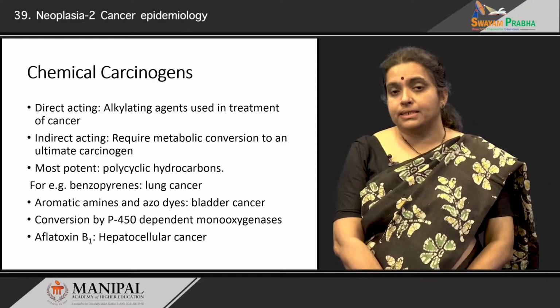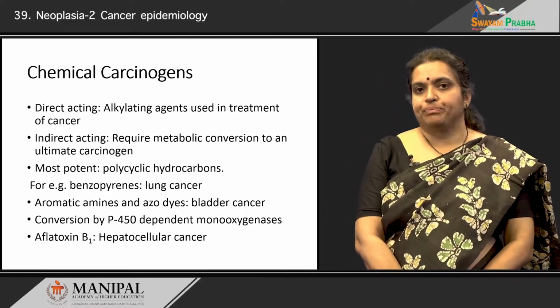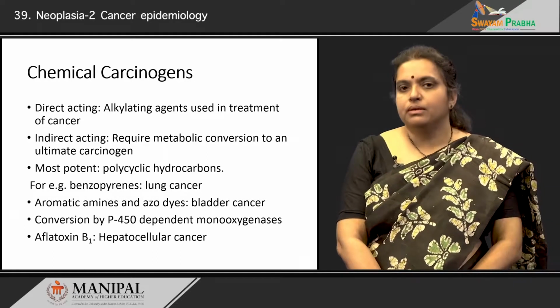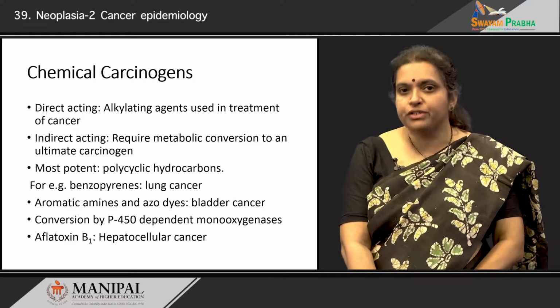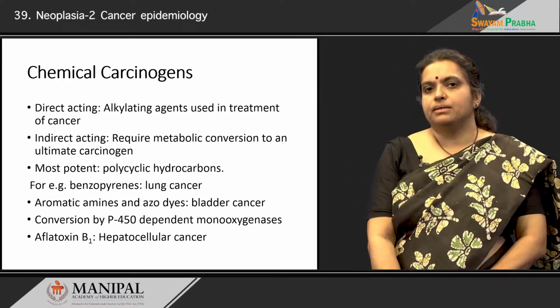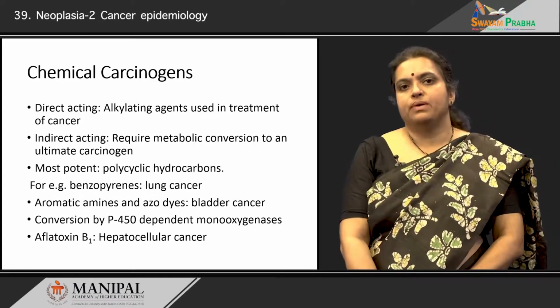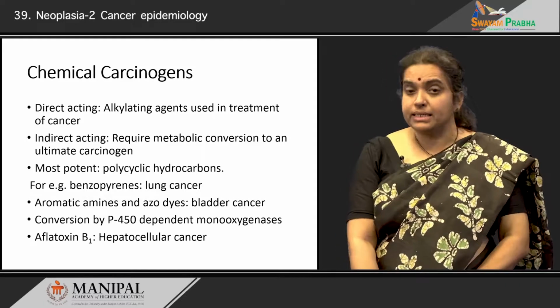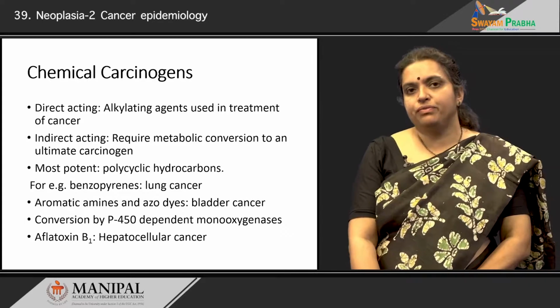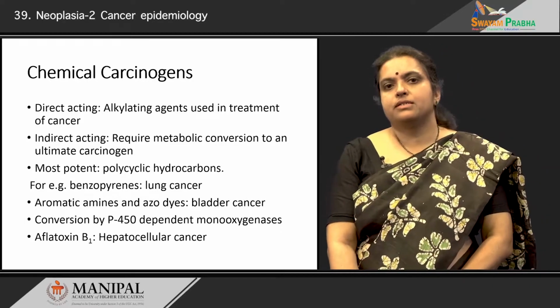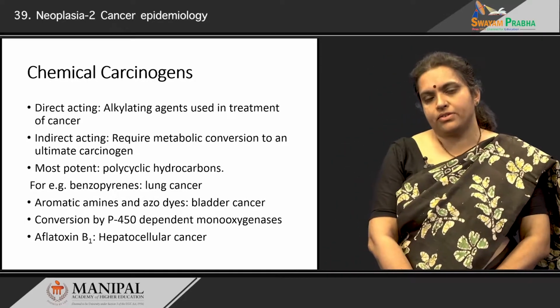Some individuals have a more efficient way of converting these carcinogens, whereas certain others do not. So, that is a genetically acquired trait. The P450 dependent monooxygenase is a genetically acquired trait.